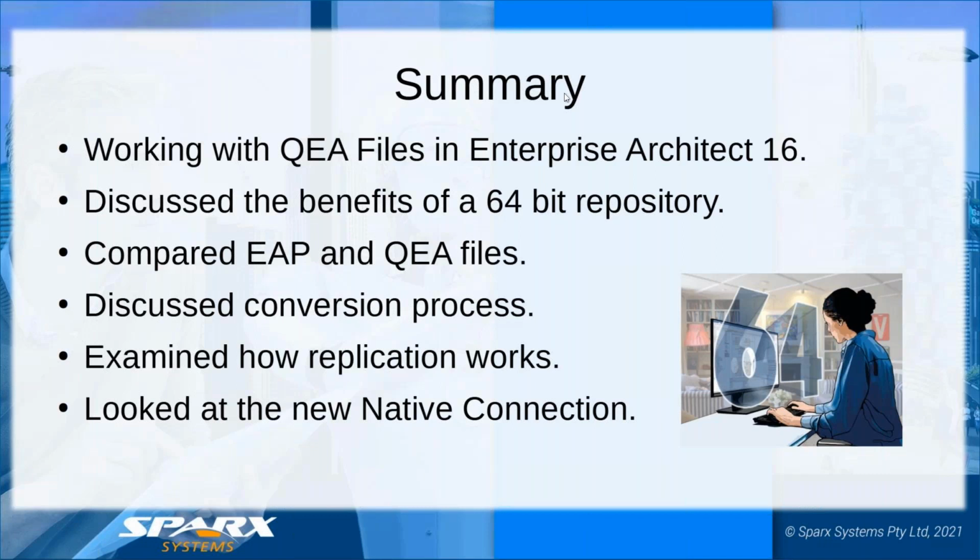We've discussed some of the benefits of using a 64-bit repository. We talked about how EAP and EAPX files were designed back in 1992, so there are lots of advantages as far as speed and scalability, the size of your database, and the size of the simulations that are all supported by moving to the new QEA file format, not to mention support for 64-bit.